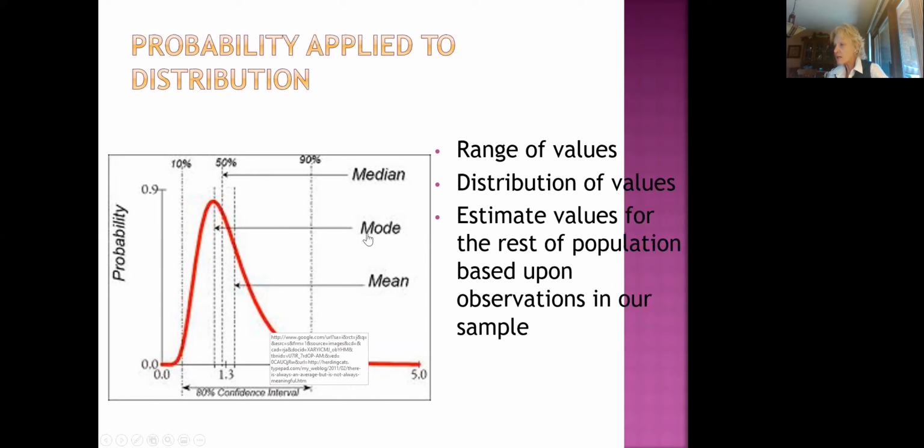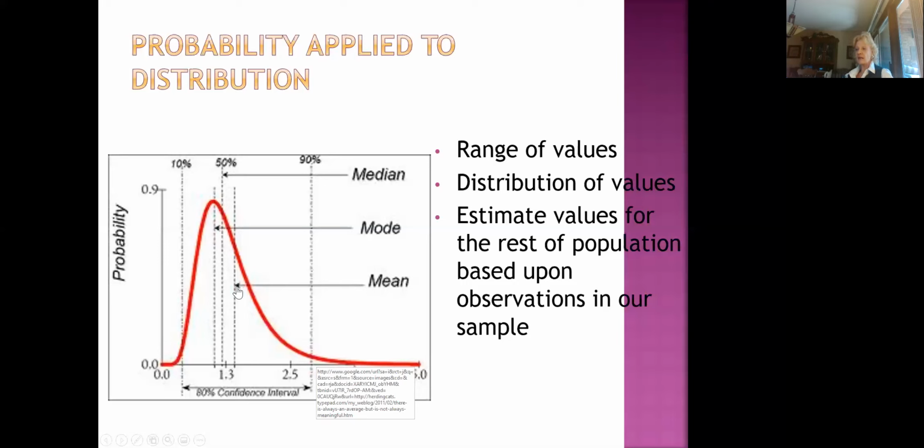The mode is the most common measure. The mean is the average. And so when you have some outliers over here that are a little higher, that makes your mean a little bit to the right of the peak of the curve. And those are just the concepts and terminology that you need to keep in mind.